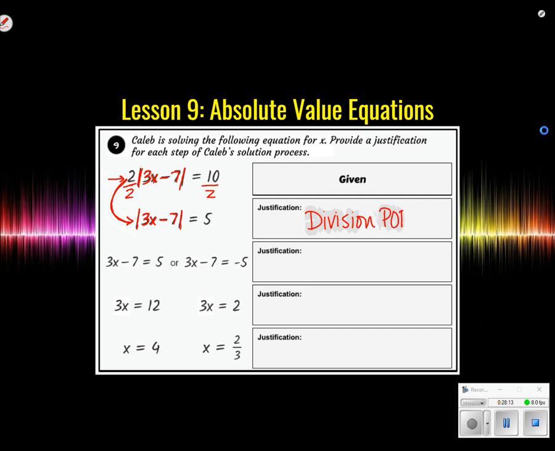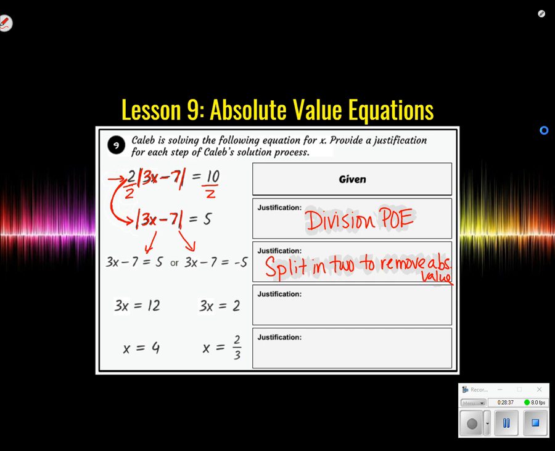Some of you need to go back and look at your properties of equality. Alright, we split this into two equations. So for that justification, we're just going to write split in 2 to remove absolute value. That's the only way you can do that.